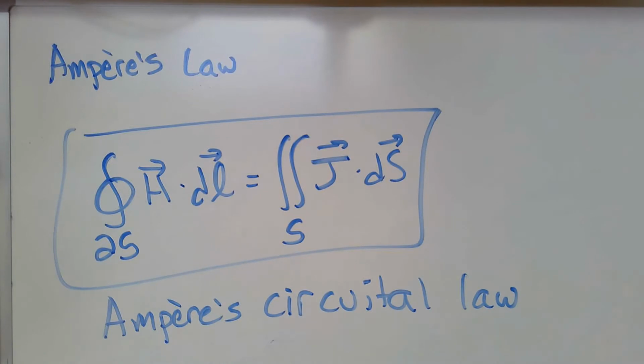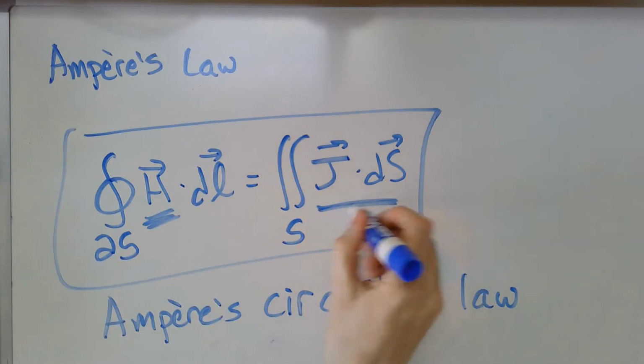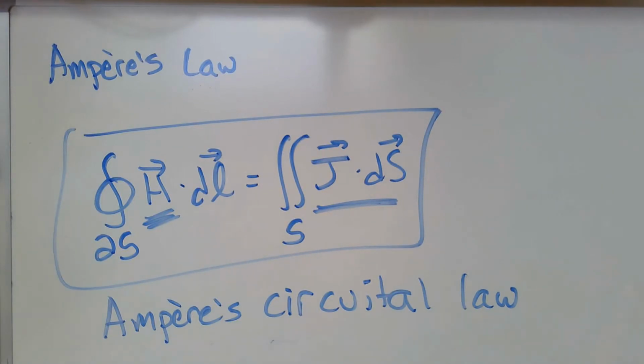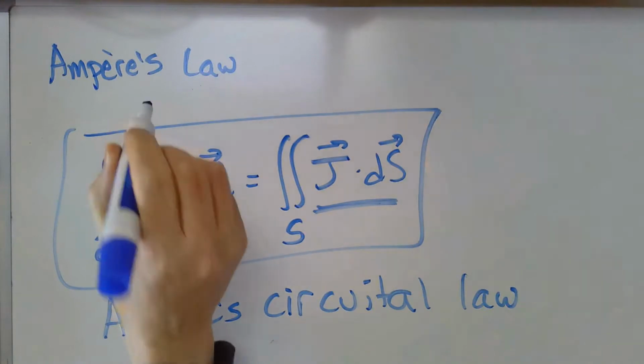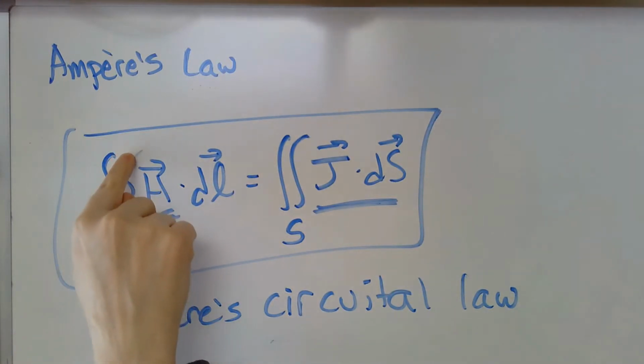And that's what we can use to find the magnetic field here from a current distribution over here. In general, it can be used in situations that have a lot of symmetry, very much like Gauss's law. If your problem is not super simple and you can't define a nice boundary around which to do this closed path integral, you're back to using Biot-Savart law.